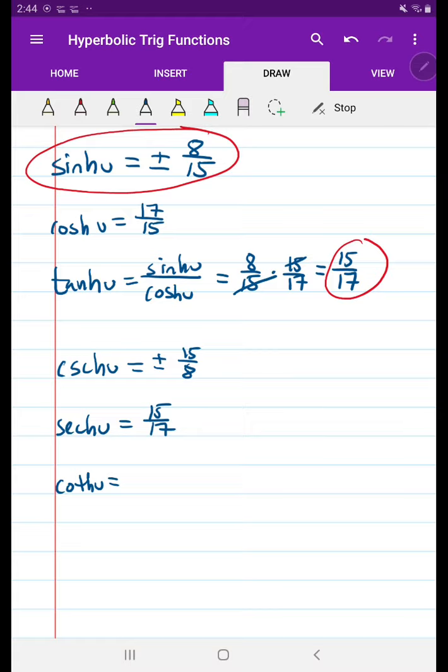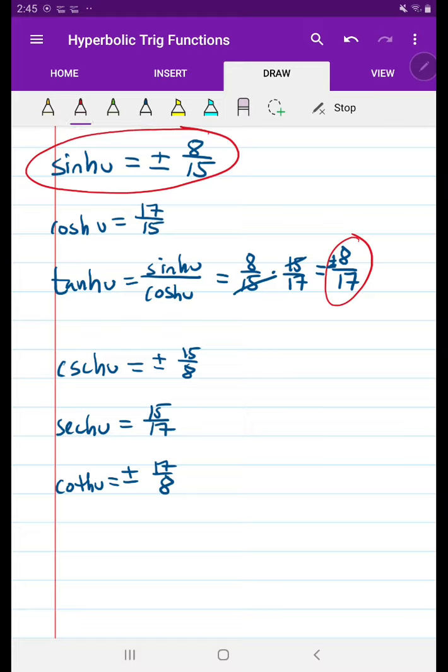Oh, I think I made a mistake up here. Sinh is 8 over 15, right? Oh, that's the problem. I had it set up right and I just wrote the wrong number. So then this should be 8 over 17. That's much better. So then coth u is going to be, and actually this should be a plus or minus too, coth u will be plus or minus 17 over 8.